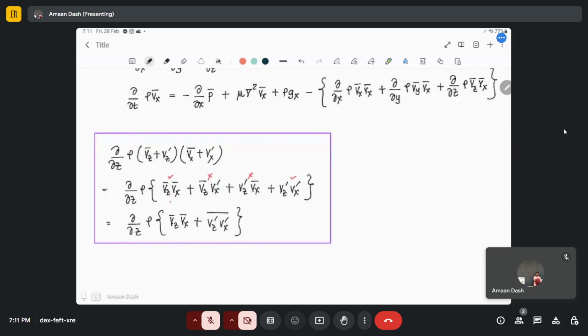Correct? Minus, again we will be having terms that will be related to these fluctuating components.